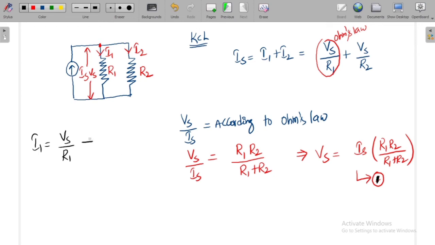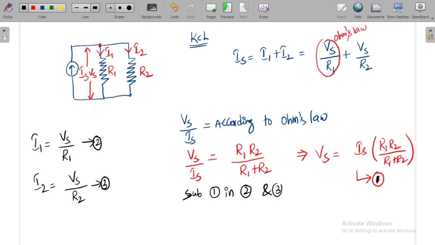And we know from Ohm's law, I1 is equal to Vs by R1 and I2 is equal to Vs by R2. Okay, so these are the second and third equations. Now what I am doing here is just substituting the first equation in the second and third equations.